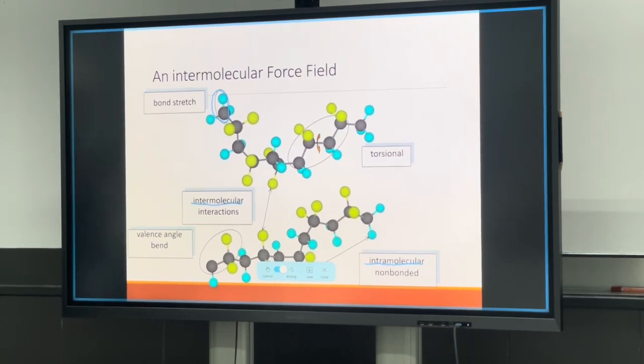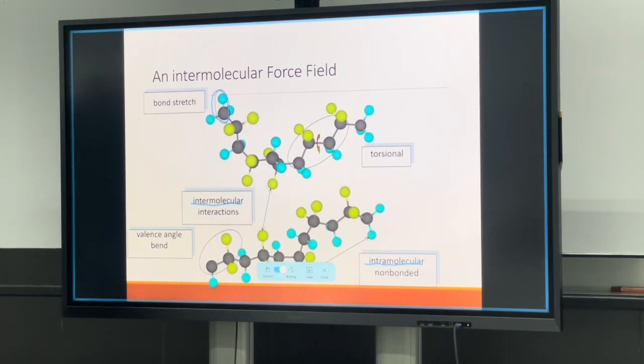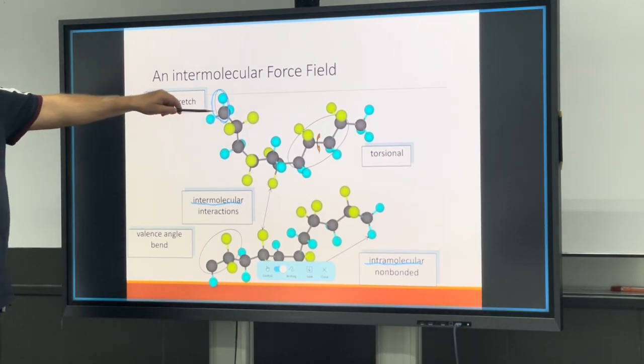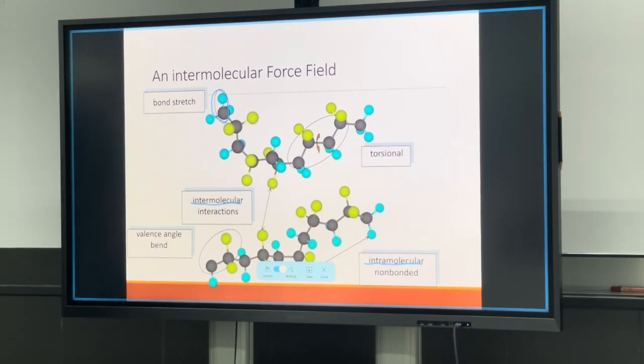So we say if the distance between maybe H and C is at the lowest energy value, which is approximately 1 angstrom, and this distance is changed, maybe to 1.1 angstrom, you need energy. And so you can write down a formula for approximating the energy that you need if this distance is changed or is different from 1 angstrom.